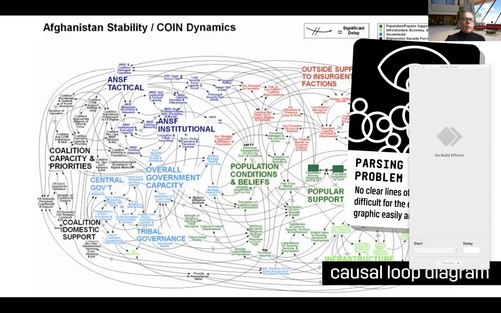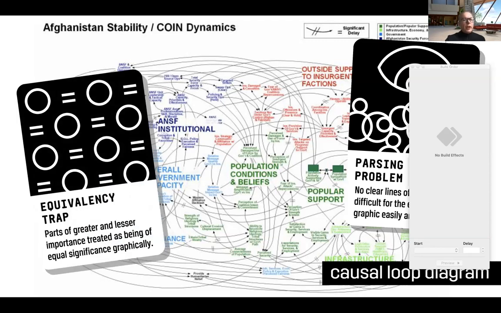But what you're really having a problem with here is the parsing problem, which is that very little is guiding the eye. It's very hard to figure out what the main lines of sight are within a graphic like this. Where are you supposed to look first, and what are the types of paths you're supposed to follow? And moreover, it's hard to really care about jumping into a graphic like this when it just seems like a big mess, right?